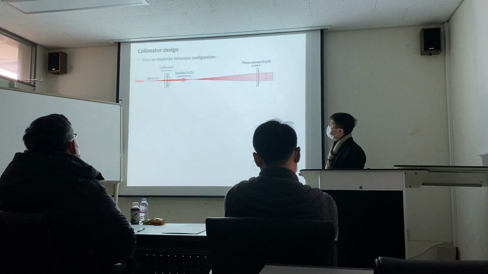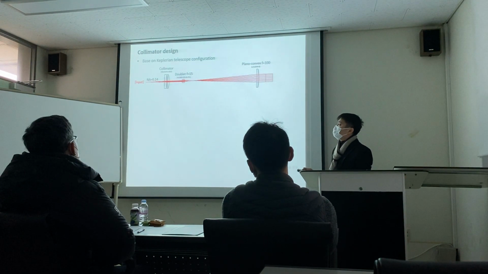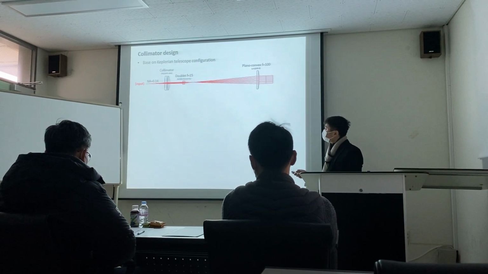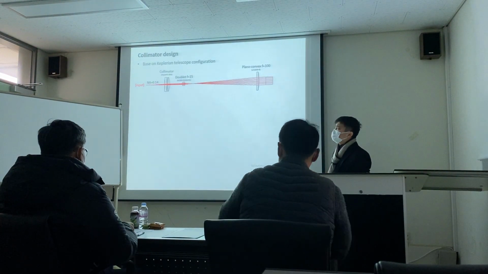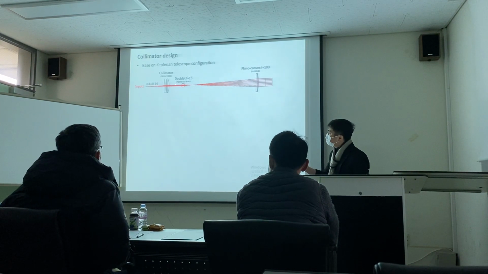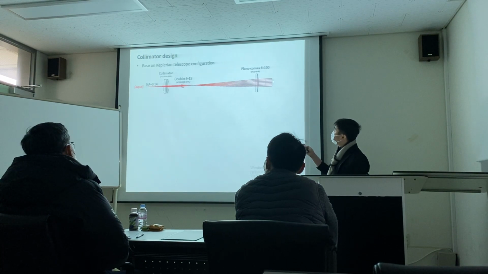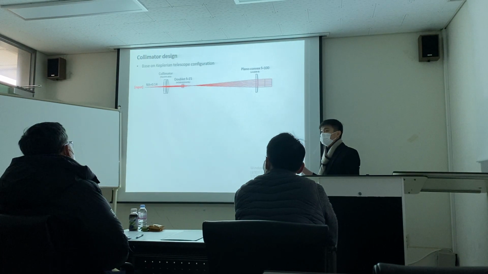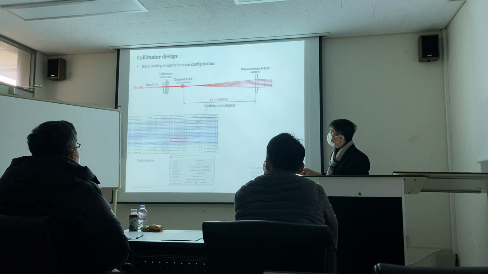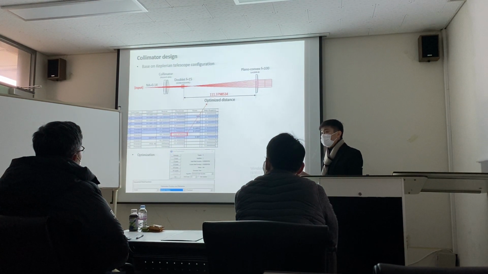This is the collimator design, made as a Keplerian telescope. The Keplerian telescope uses two positive lenses to convert from a smaller beam to a larger beam, or inversely. The key is the distance between the two positive lenses, and we have to optimize that distance.